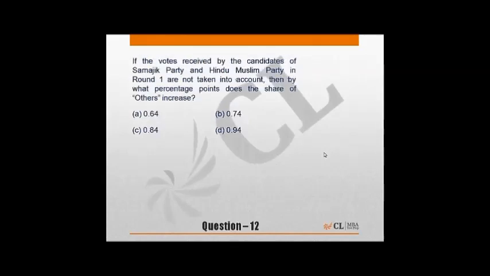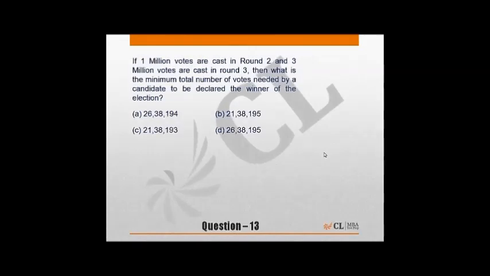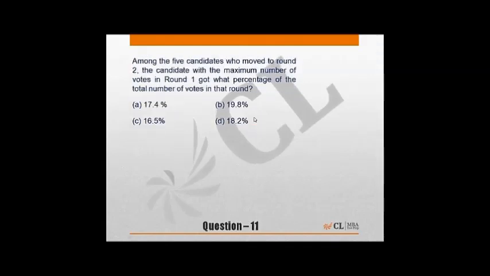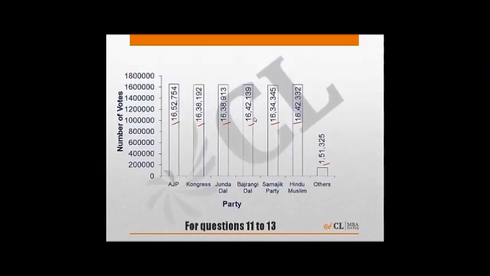Here the choices appear to be close. These two choices are close, 26, 194, 26, 38, 195. Similarly, these two choices are close. So, some close choices, some not so close choices. Calculations are likely to be in terms of percentage changes, etc. because these are talking about votes. We'll look at this in round 2. But let's look at it and see how I solve this.